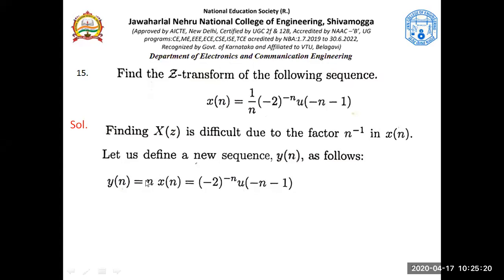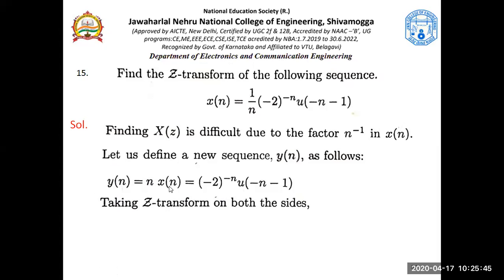Is the application of Z transforms possible here? Yes. See here. Taking the Z transform on the whole equation. What is the Z transform of y of n? It is y of z.